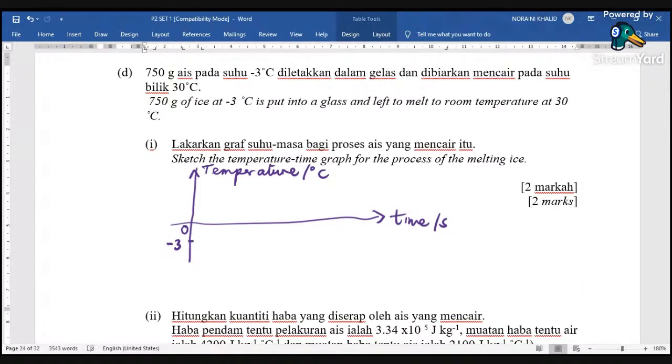For ice the melting point is 0, so heat will be absorbed. Temperature increases from -3 to 0. So at 0 is the melting point.